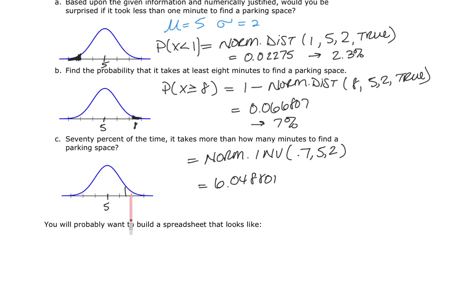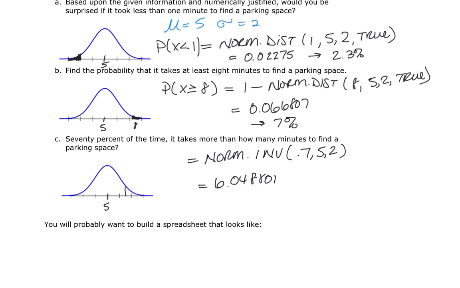That would tell me I'm way up here. This is the 70th percentile, right? That 6.048801 tells me that 70% or less of the time it's going to take me this long to get it. So that's 70% or less. That isn't what I want. What I want was below that, right?